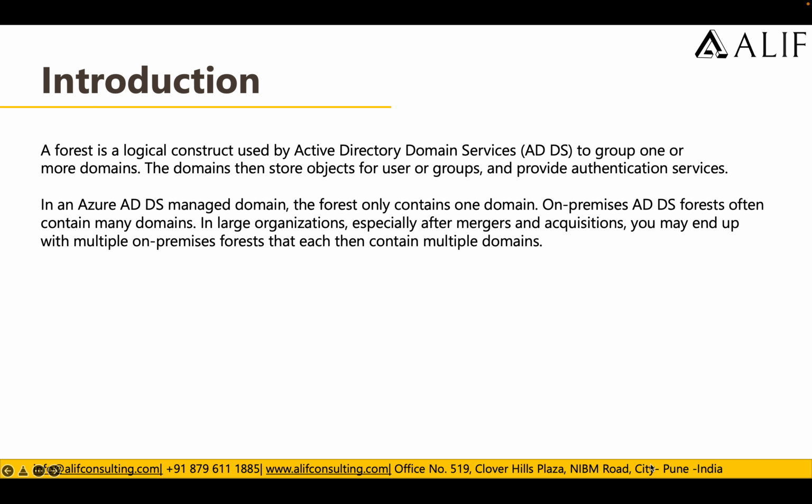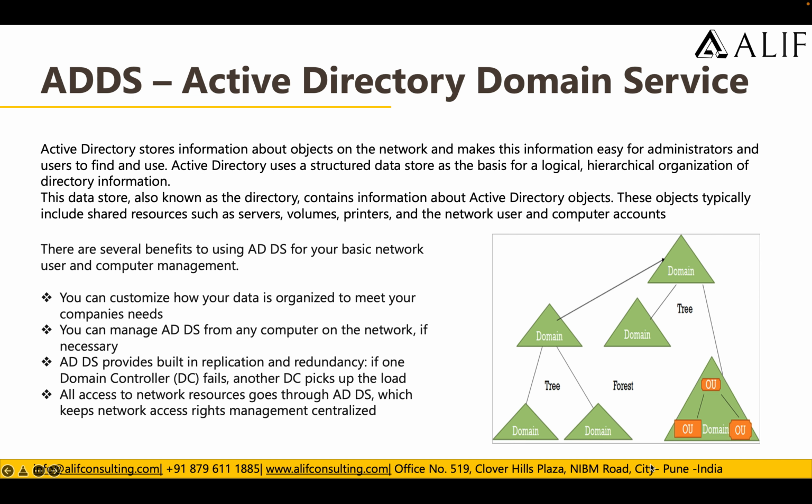In large organizations, especially after mergers and acquisitions, you may end up with multiple on-premise forests that each contain multiple domains. So if you have multiple organizations, they might have different forests created, and you might end up managing multiple domain forests.